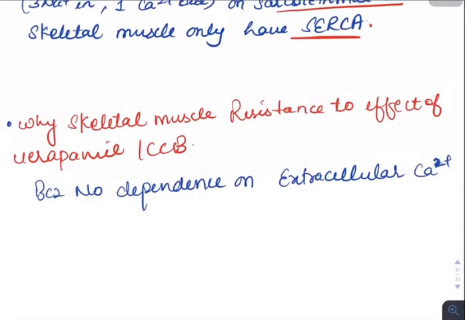But cardiac muscle needs extracellular calcium to activate the ryanodine receptor, and after that contraction occurs. So in cardiac and smooth muscle, CCBs block the calcium channel and block influx of calcium. That's why CCBs are used in cardiac and smooth muscle, not in skeletal muscle.